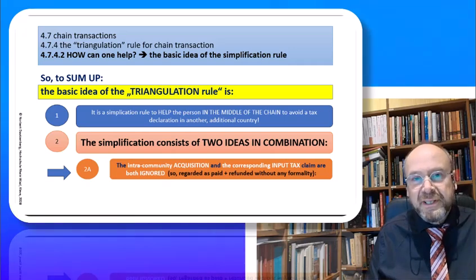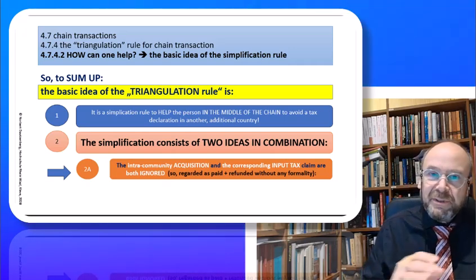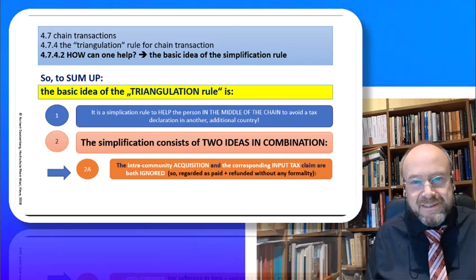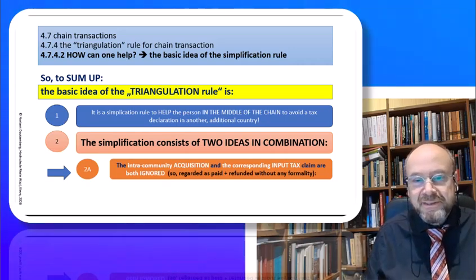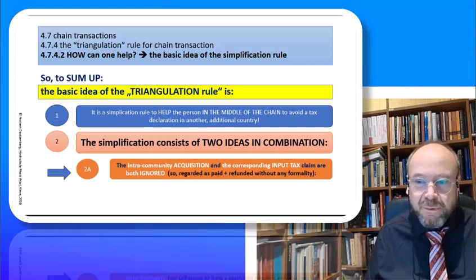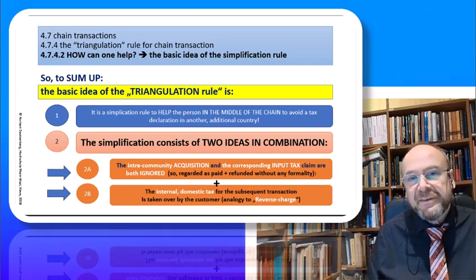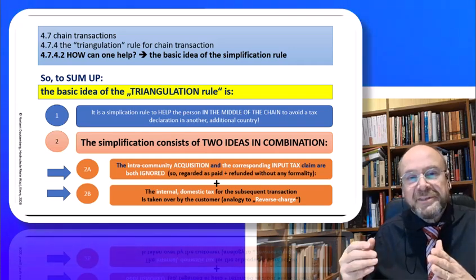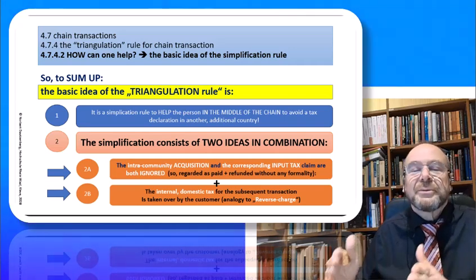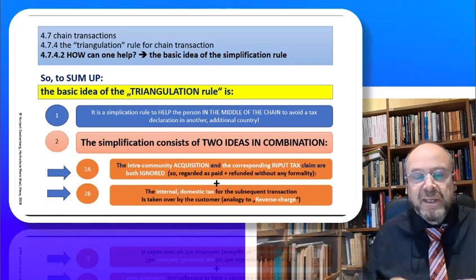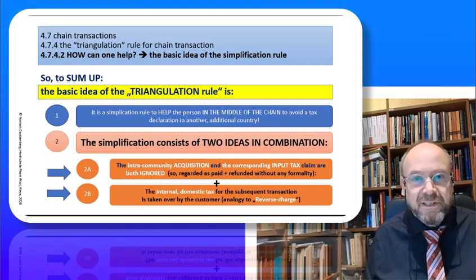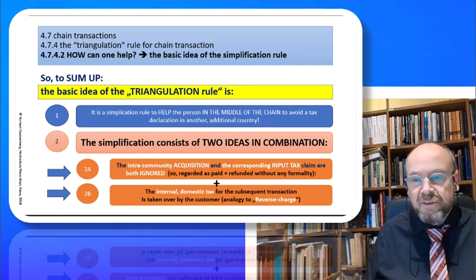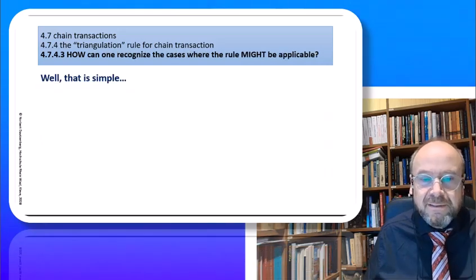First, the intra-community acquisition and the corresponding input tax are just netted off against each other, so it's both ignored. You don't need to declare it in the country of destination because it's always plus minus zero in the total effect. And second, the internal domestic tax for the second transaction is shifted to your customer in that country. And if these two things together are possible, then you can try to opt for the triangulation treatment under a special VAT rule. That is simple.